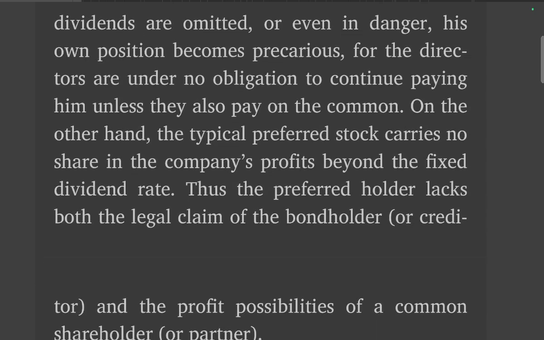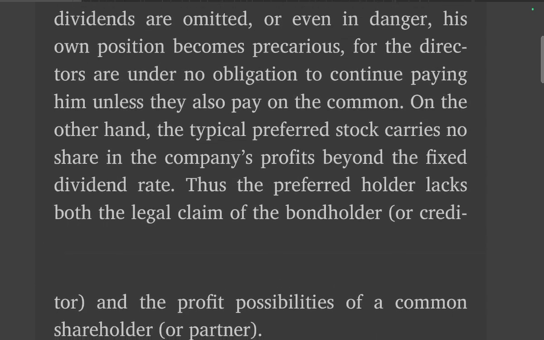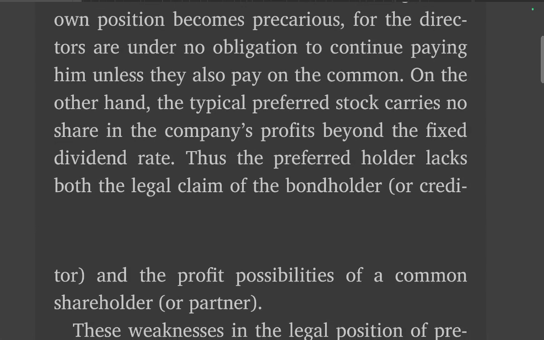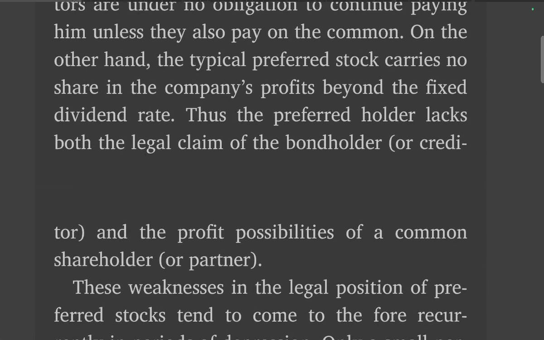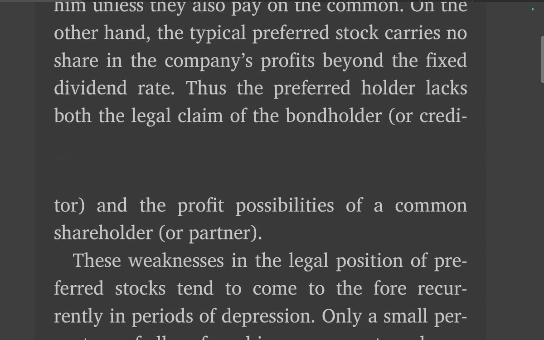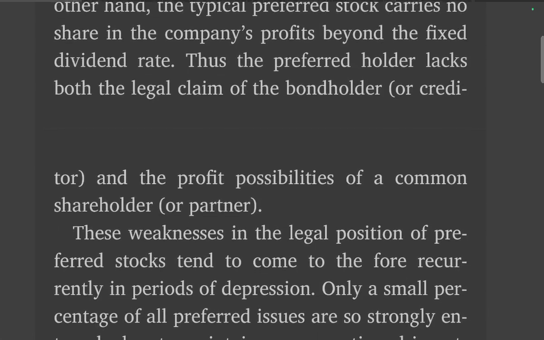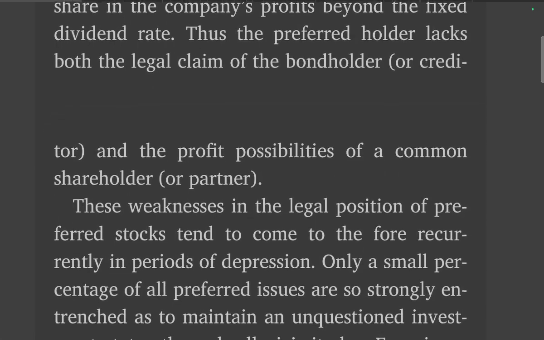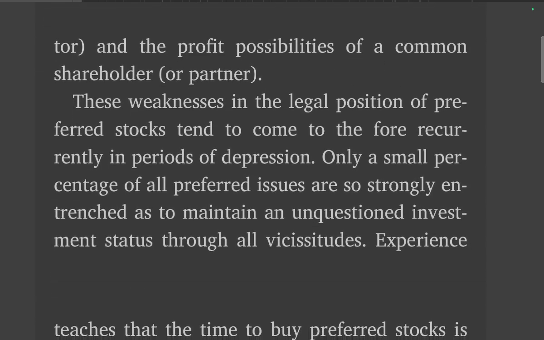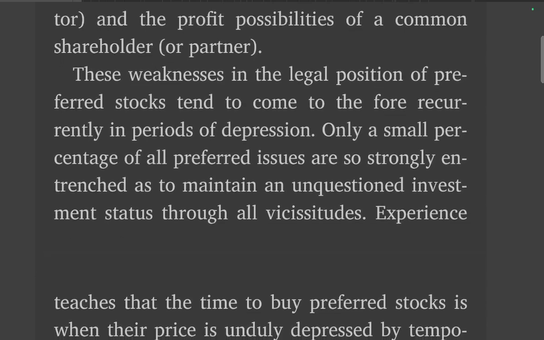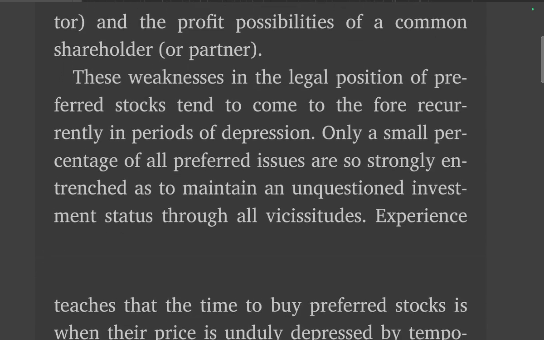On the other hand, the typical preferred stock carries no share in the company's profits beyond the fixed dividend rate. Thus, a preferred holder lacks both the legal claim of a bondholder or creditor and the profit possibilities of a common shareholder or partner. These weaknesses in the legal position of preferred stocks tend to come to the fore recurrently in periods of depression.